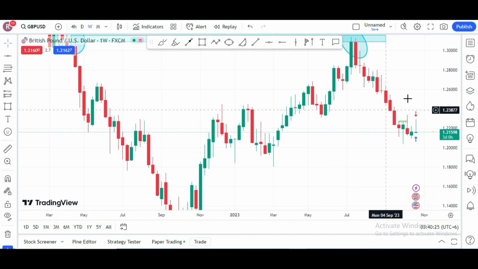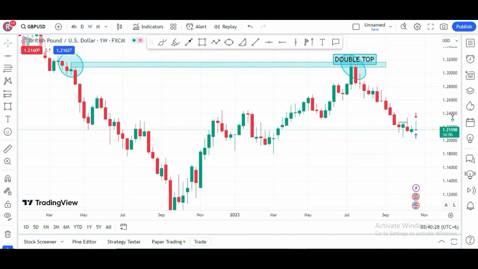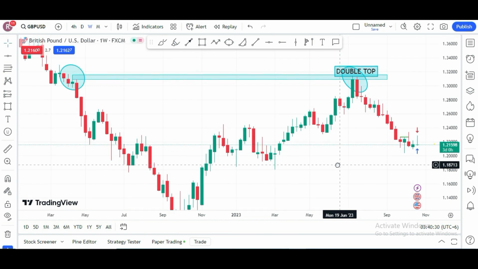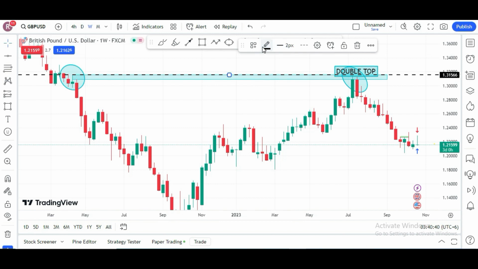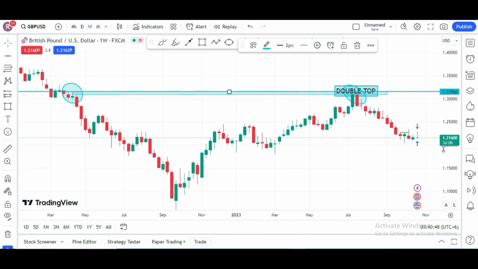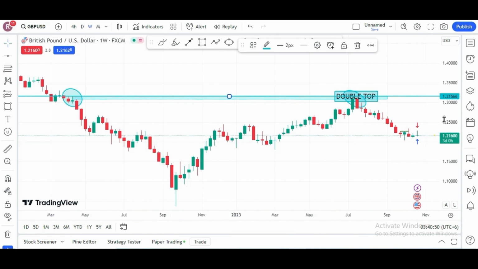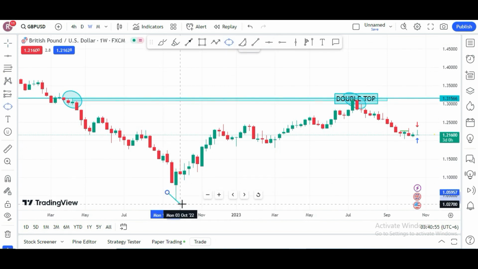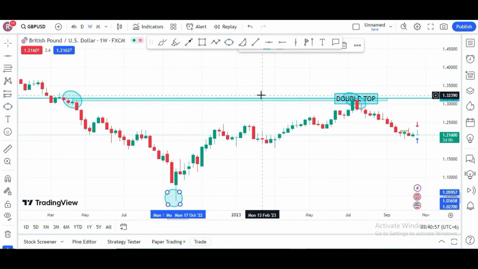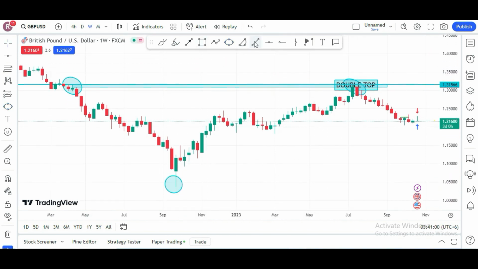Now let's mark the top of the double top, and the bottom of the double top, from where it has been created. It has been created from here, so we have to mark that too. Let's mark that.